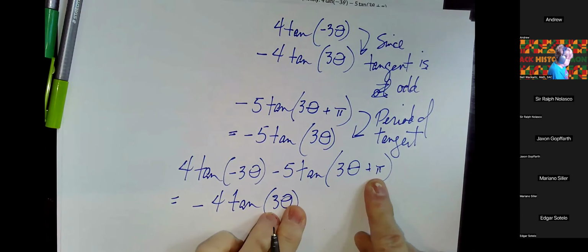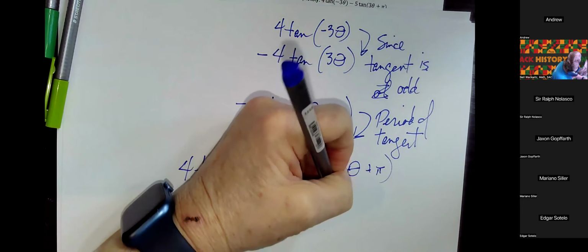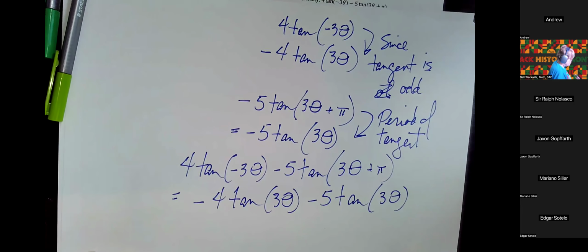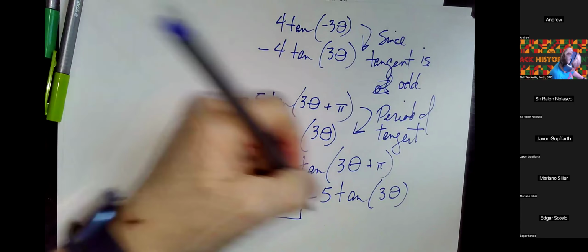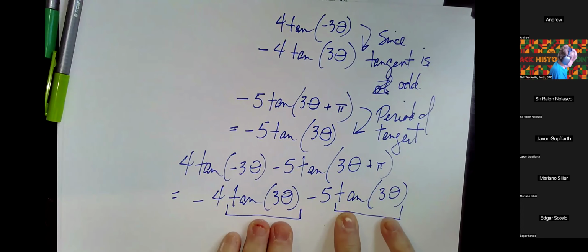The second one drops the pi, minus 5 tangent of 3 theta. And I know it's a weird looking term, but do you see that whatever it is, the tangent of 3 theta is common here? Yes.